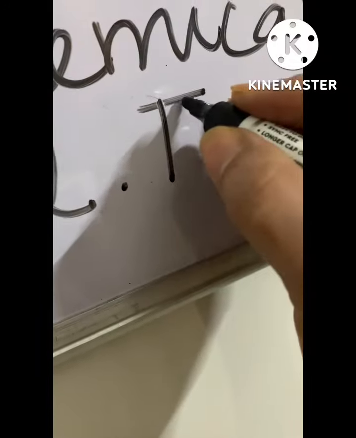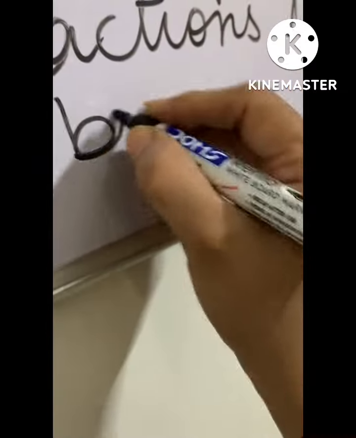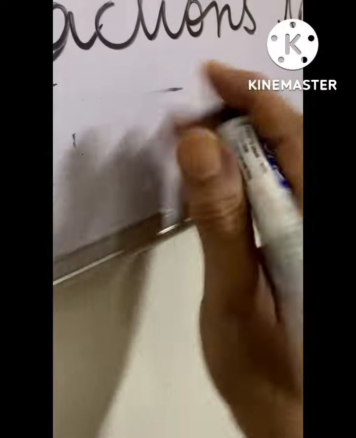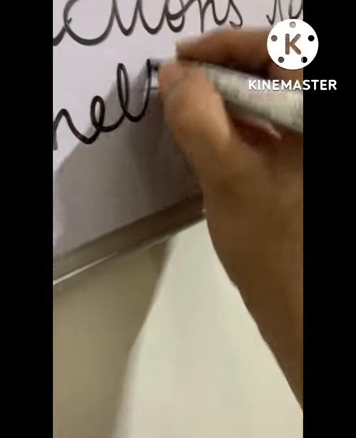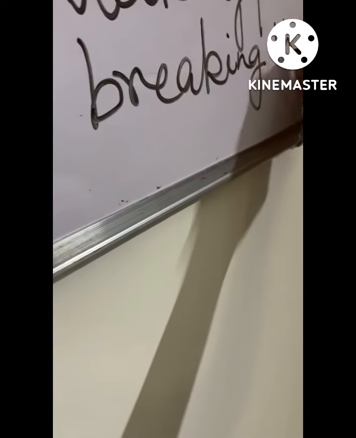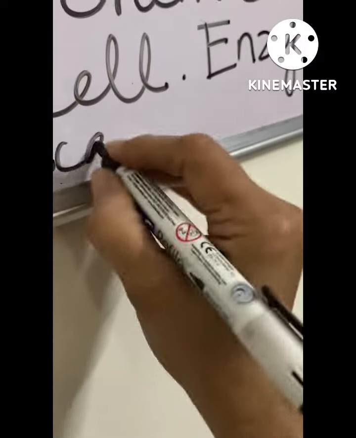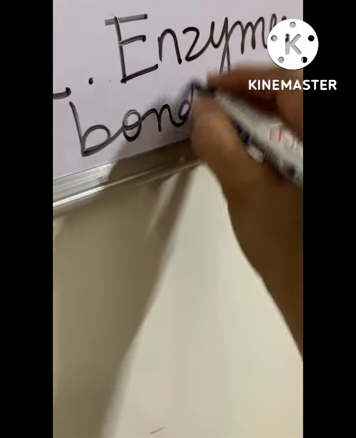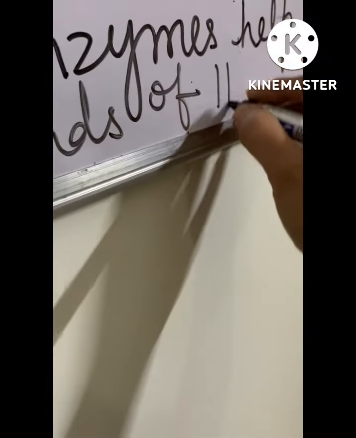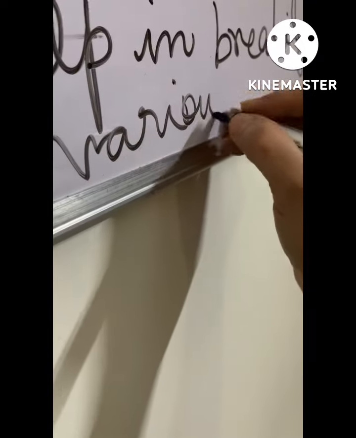So these enzymes, what do they do? Enzymes help in breaking the chemical bonds of the compounds, various compounds like carbohydrates, whatever.